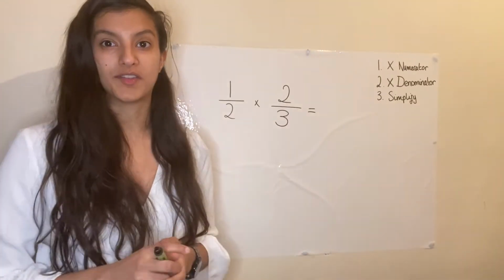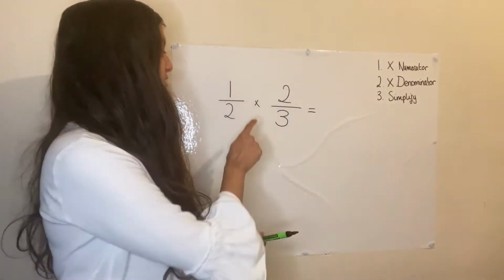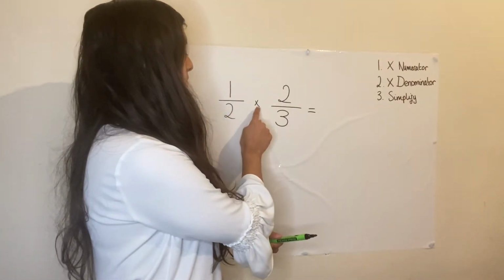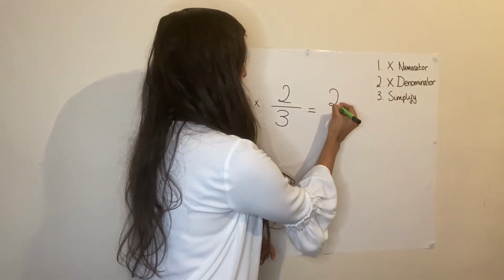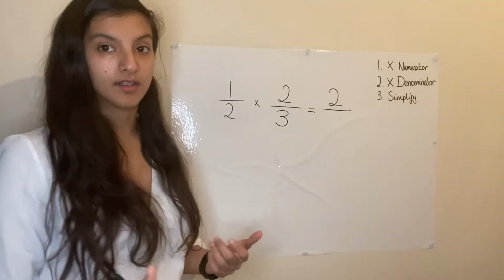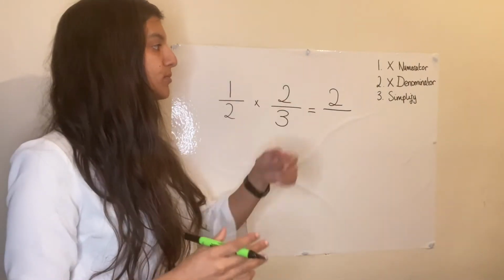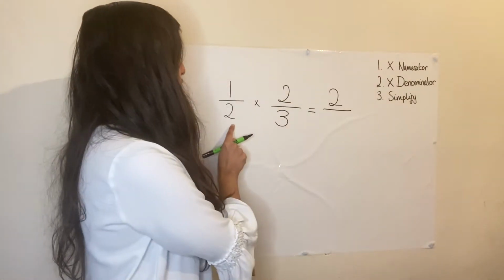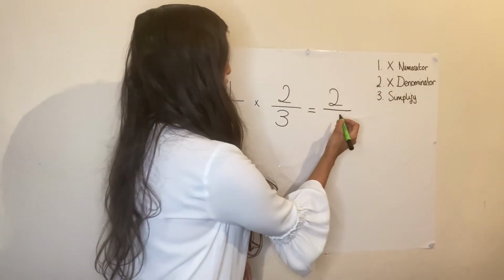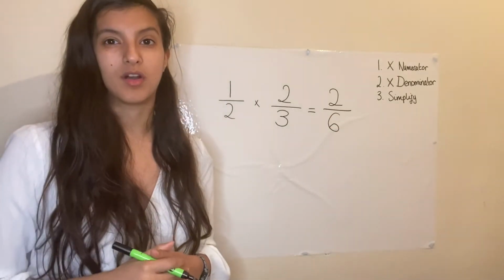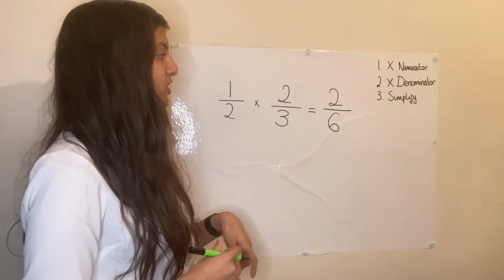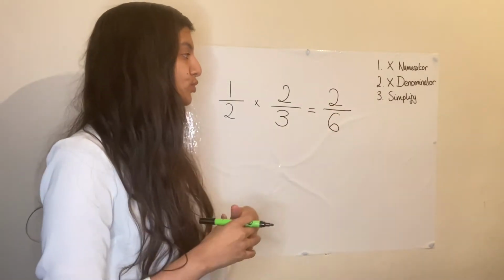Step number 1 asks us to multiply our numerator. That means we need to multiply 1 times 2. 1 times 2 is 2. Step number 1 is done, so now we need to move on to step number 2, which is to multiply our denominator. We need to do 2 times 3, which equals 6. Now step number 3 asks us to simplify our fraction, so we need to simplify 2/6.